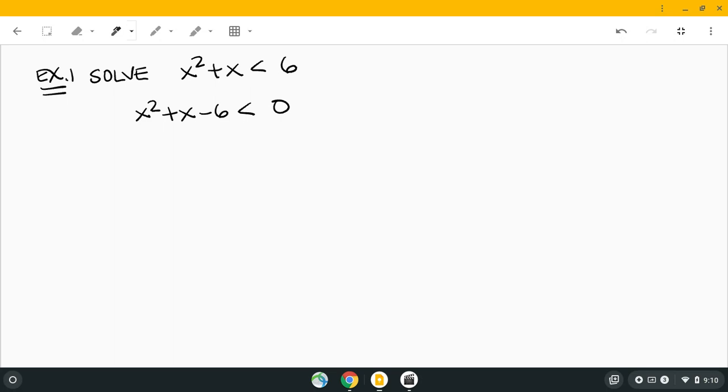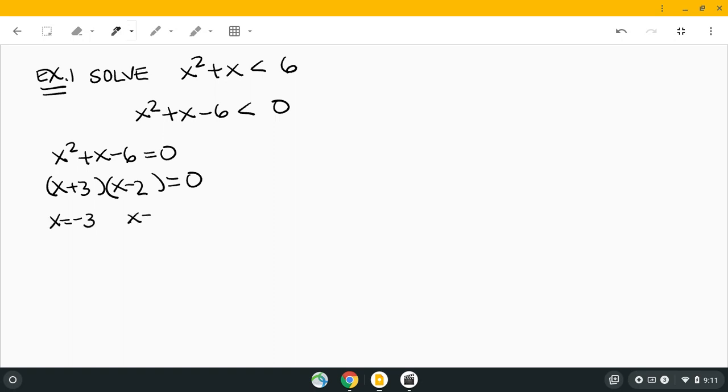Then it says to treat it like an equation and solve. So I'm going to go off to the side over here. Pretend it's an equation, and see if it's factorable. If it's not, then I'll use the quadratic formula. Positive, negative, 3 and 2. Yeah, 3 here and 2 here, and that will give me +1 for the middle. So I get x equals -3 and x equals +2.